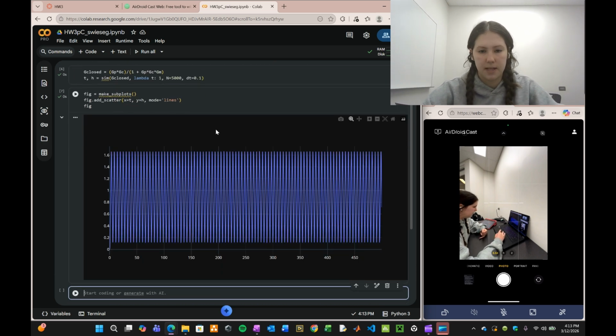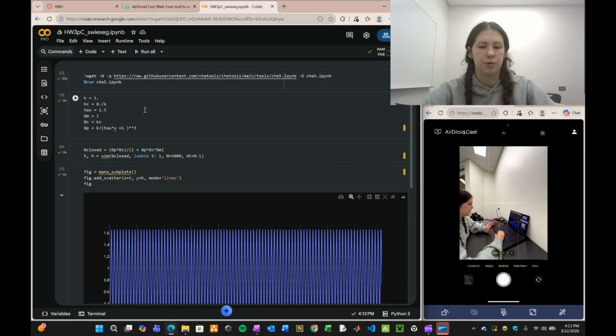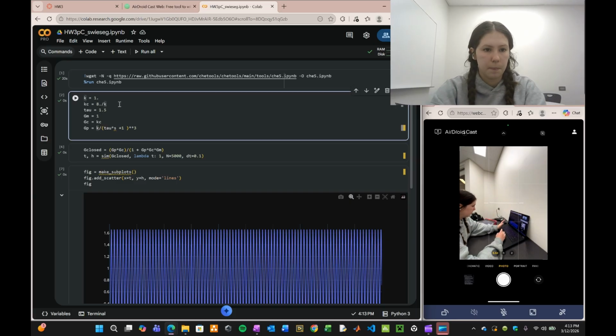So as we can see, there's steady oscillations. It's not diverging really. So let's see what happens when we change this to a value just below and just above the boundaries that we found.